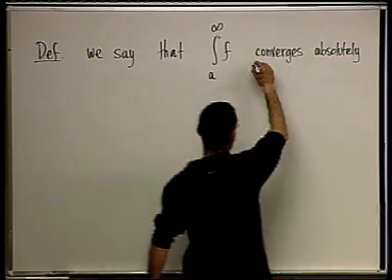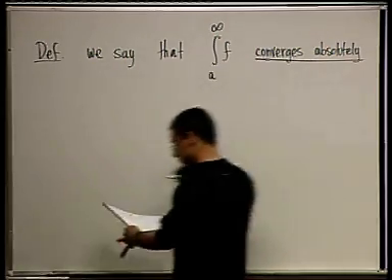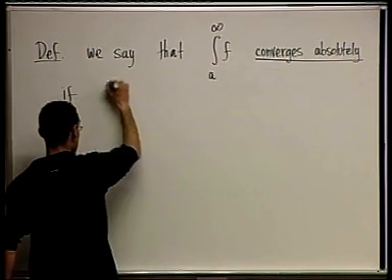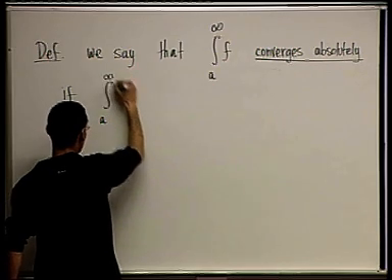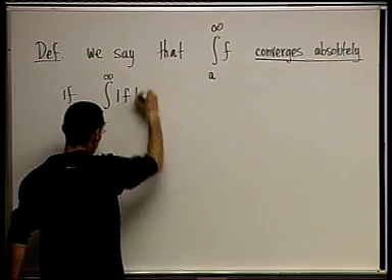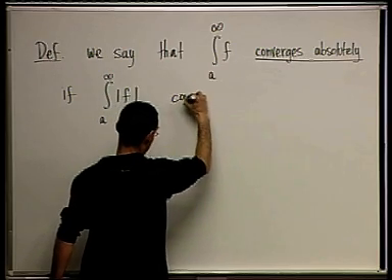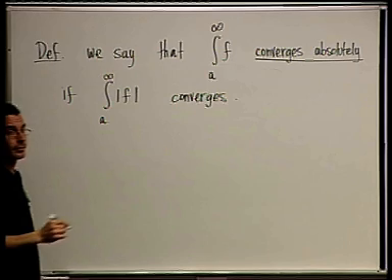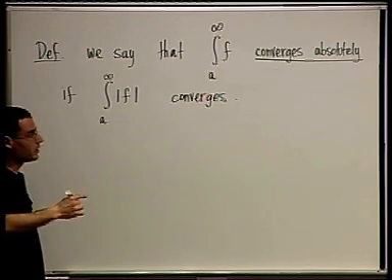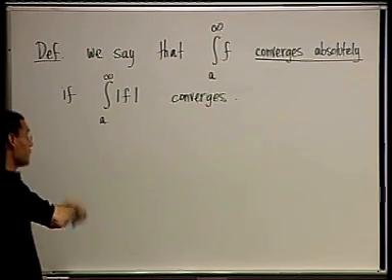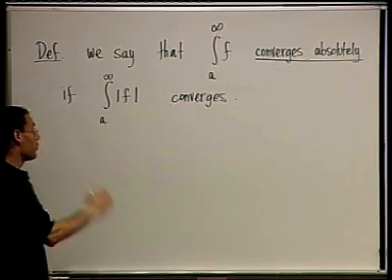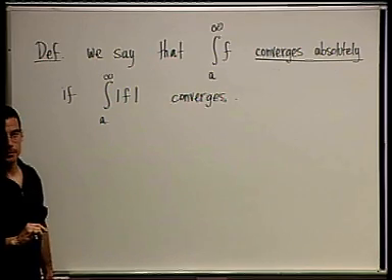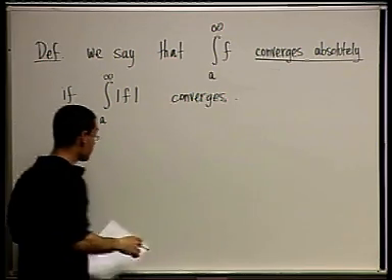This is what I'm defining. If the integral from a to infinity of f in absolute value converges. So we say that an improper integral converges absolutely if, when we put the absolute value, we get a converging integral. That's the definition.